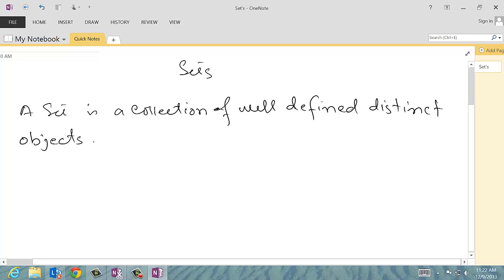Now, in this definition, there are two things to notice. Number one, the objects must be well defined and they must be all distinct.